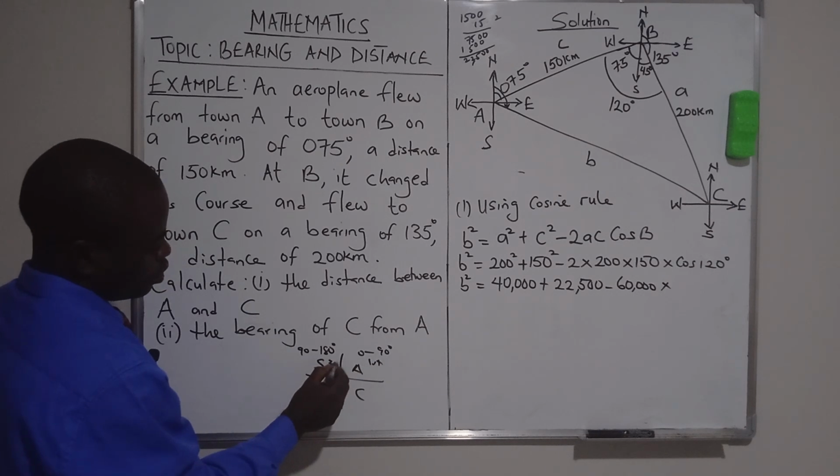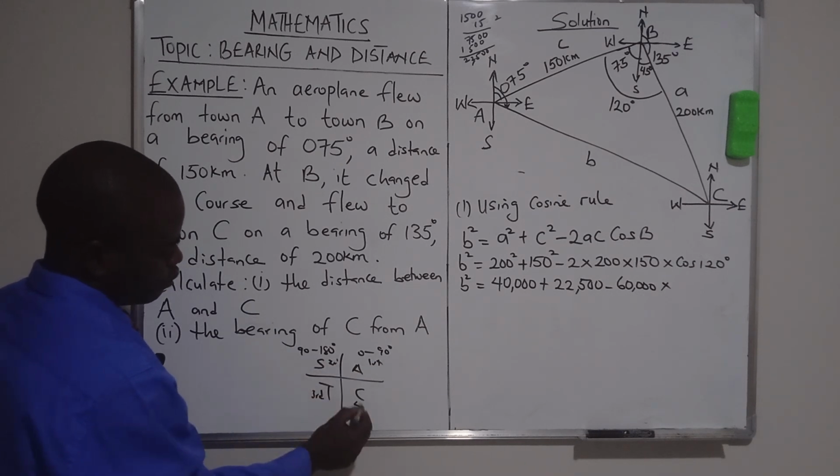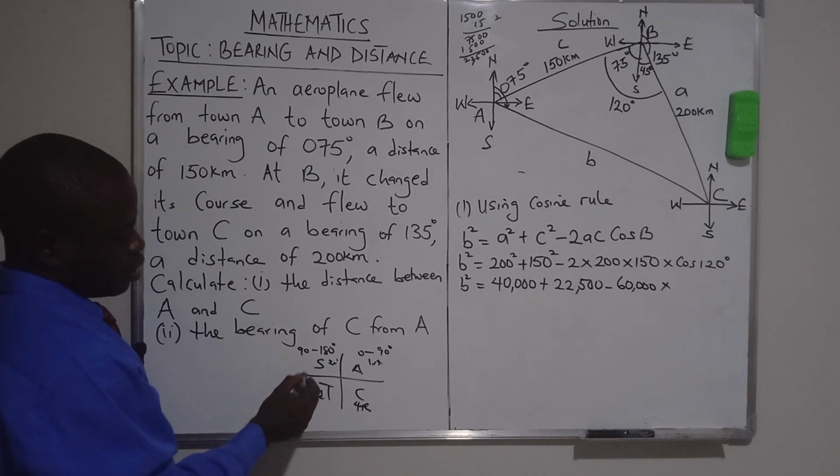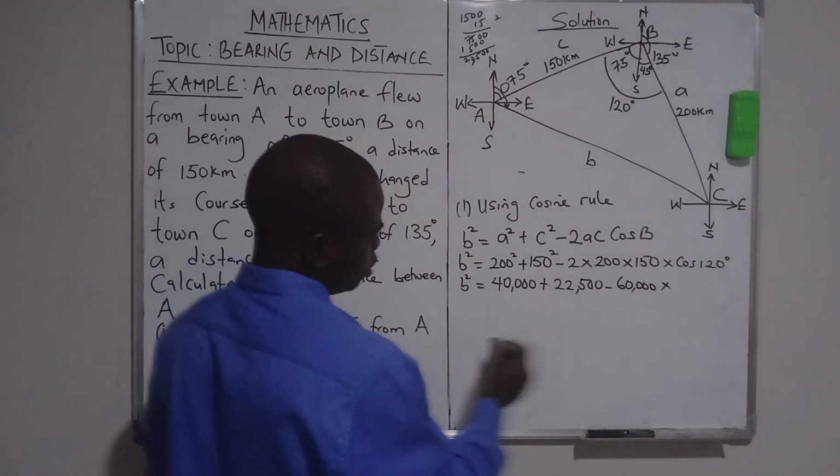First, second, third, and fourth quadrant. At this point only sine is positive, and it is subtractive from 180.